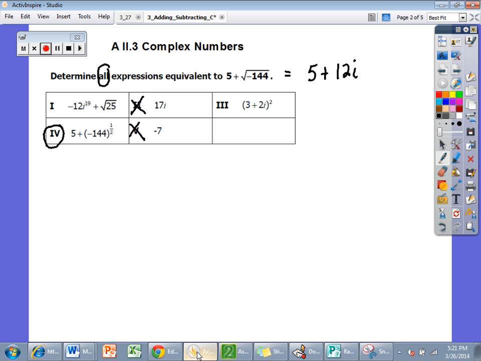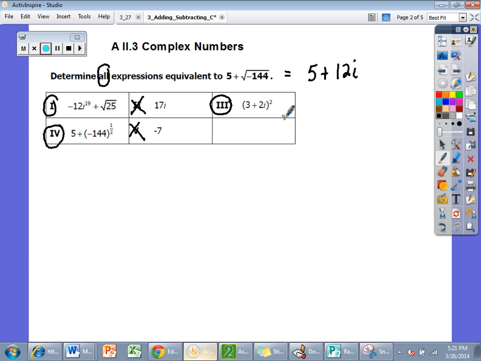And I will tell you, most of the time, students will pick this one and this one, but they won't pick this one because they won't take the time to put it into the calculator. They just look at it and say it looks so different that there's no way they could be the same. All it takes is really 30 seconds to a minute to type that into your calculator to see if it's the same. You just don't want to believe that it is the same, but it is.